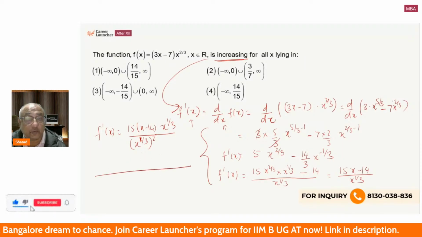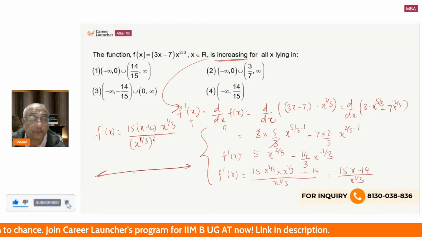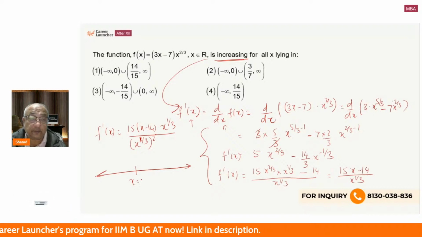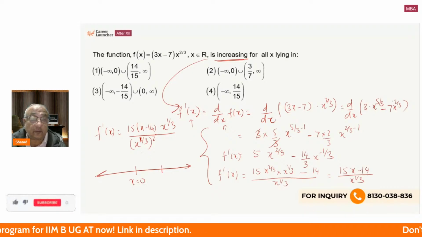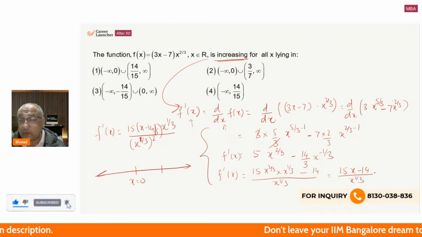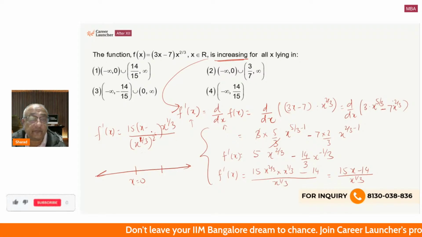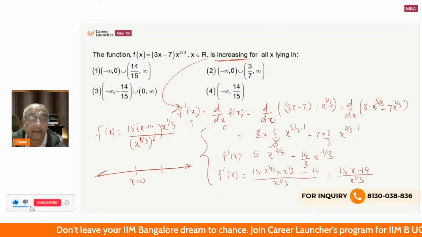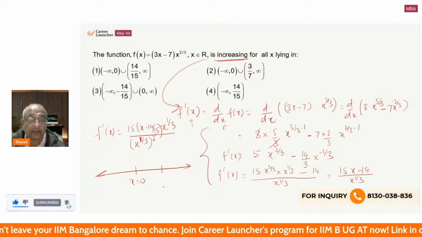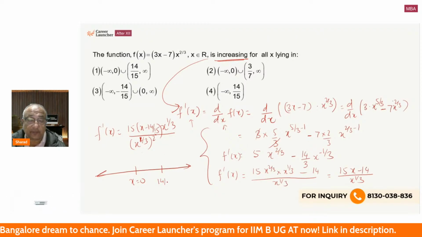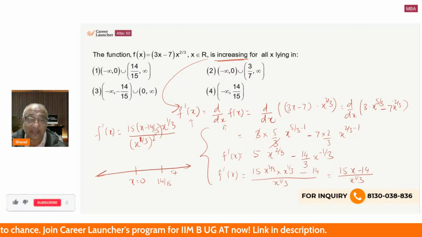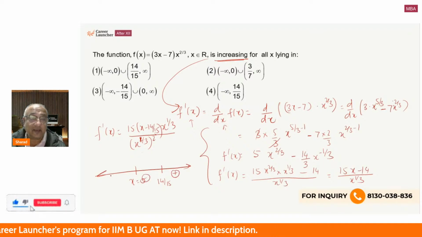So it has two roots. Which ones, kids? X equal to 0 and x equal to, sorry, my mistake, 14 by 15. Let me write it clearly so that you find it good enough. 14 by 15. Two roots. This is plus, this is minus, this is plus.